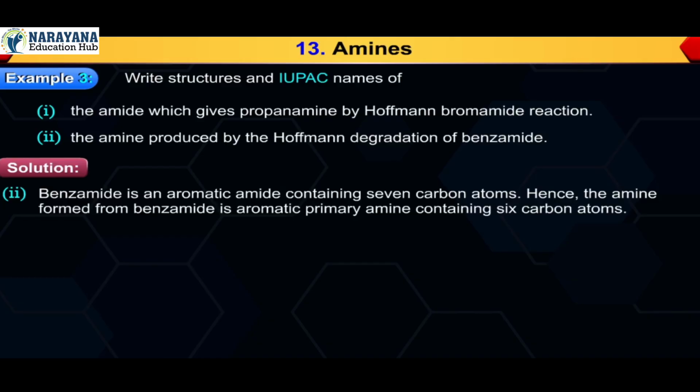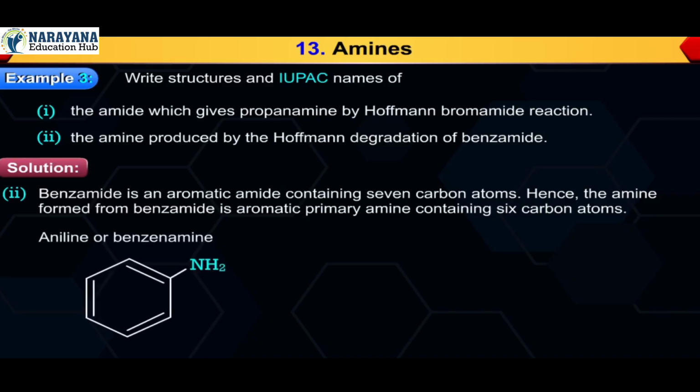Benzamide is an aromatic amide containing 7 carbon atoms. Hence, the amine formed from benzamide is an aromatic primary amine containing 6 carbon atoms: aniline or benzenamine, C6H5NH2.